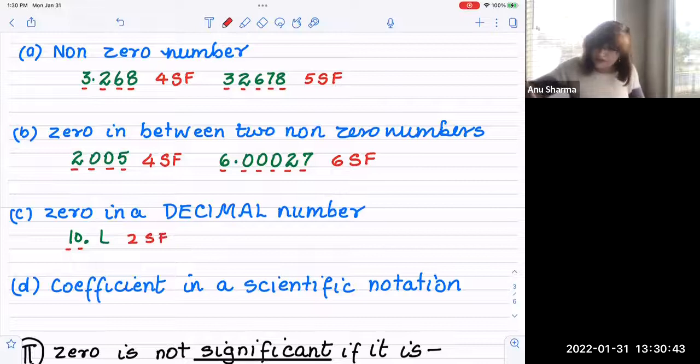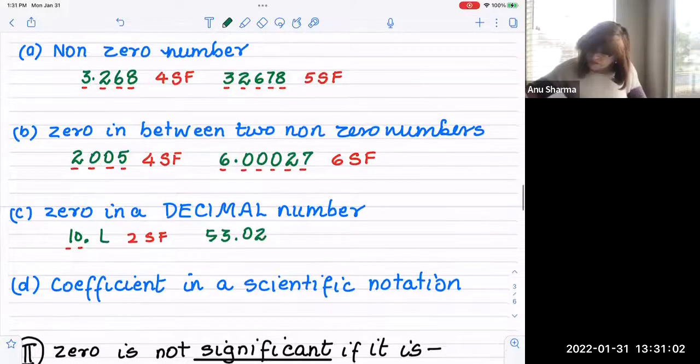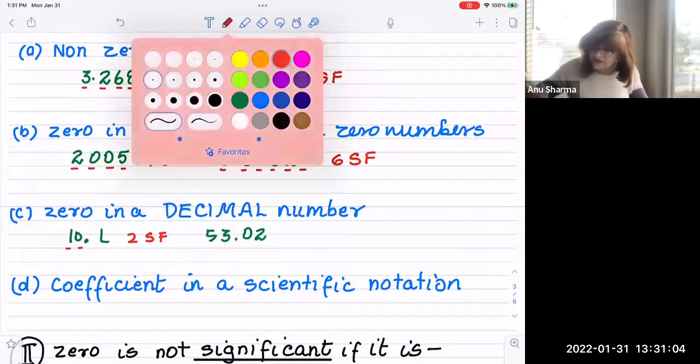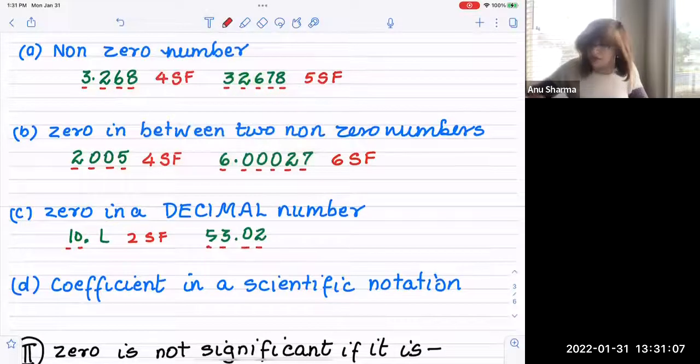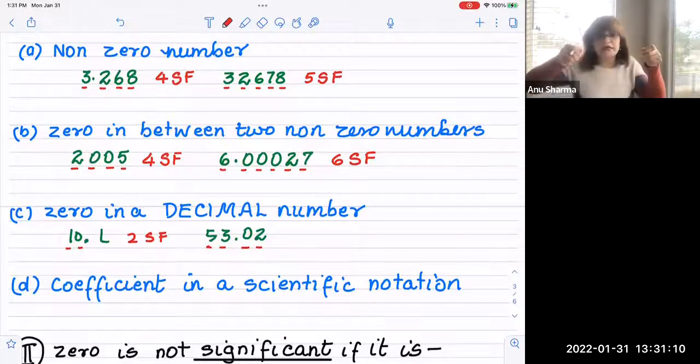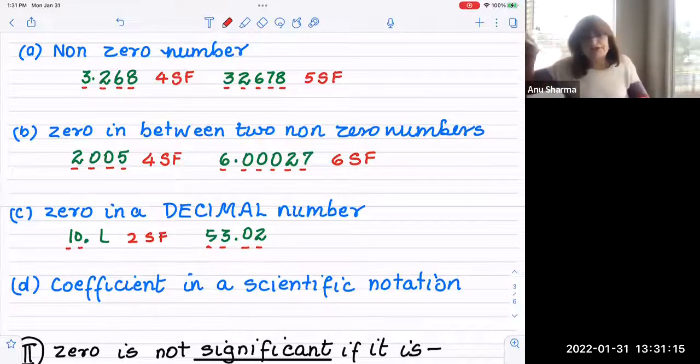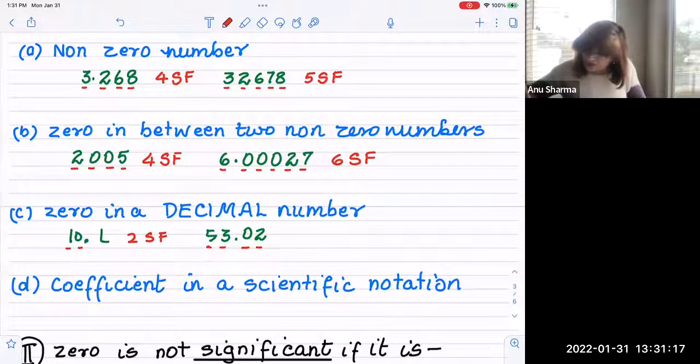Okay, if you have a number like 3.02, in this case, we see 1, 2, 3, 4. So when you're measuring with a ruler, it should go up to 0.02, and after the 2, it can fluctuate, and that's fine. So this is 4 significant figures in this case.